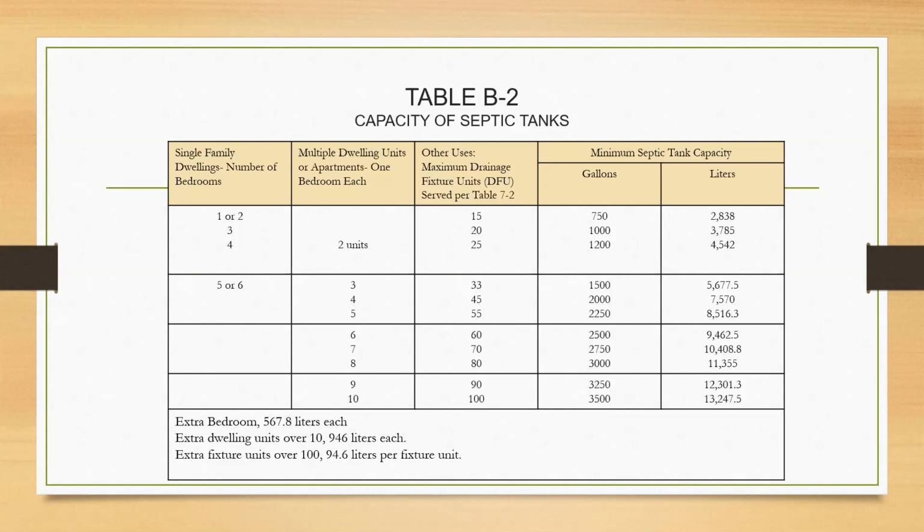Extra fixture units over 100, kasi 100 yung maximum dito sa table. We should add 94.6 liters in excess of 100 per fixture unit yon. So kung 103 yon, so tatlong 94.6 plus the volume indicated in the table for 100 DFU. Okay? Sige.